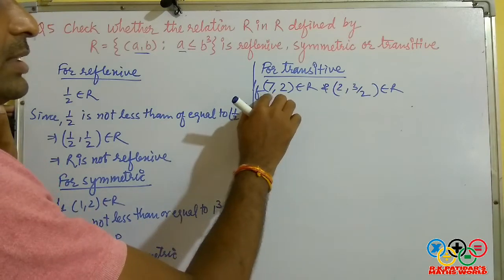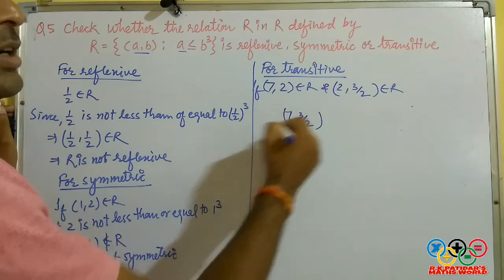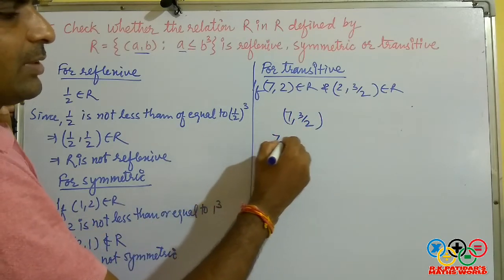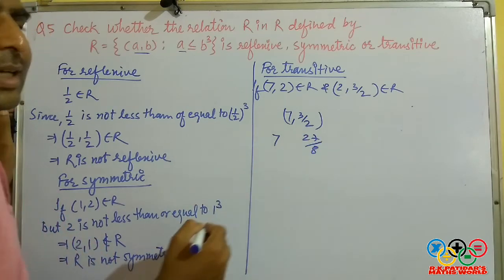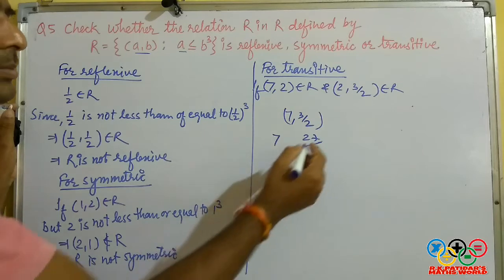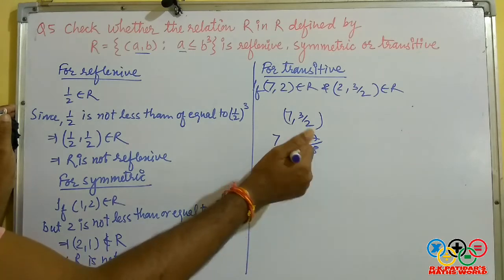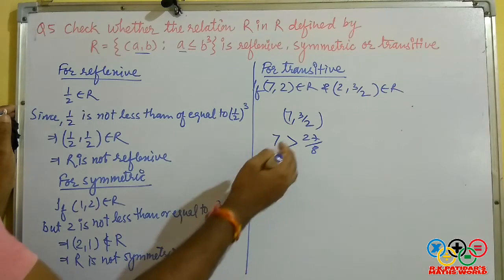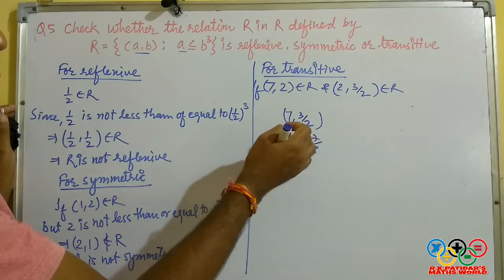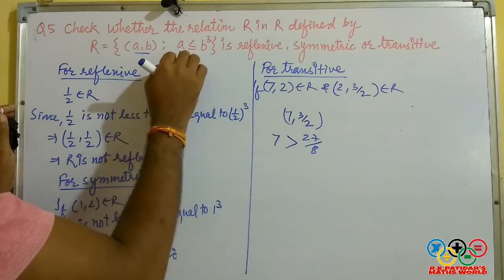Now we have to prove whether (7, 3 by 2) belongs to R or not. तो 7 और 3 by 2 cube is 27 upon 8, and 27 upon 8 is less than 4. 7 is greater here, which means (7, 3 by 2) is not satisfying this relation.